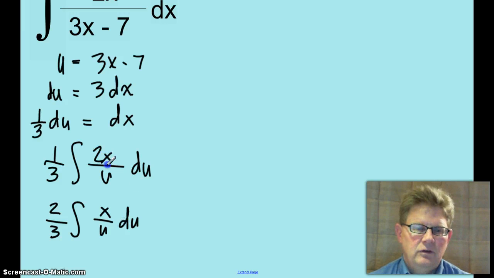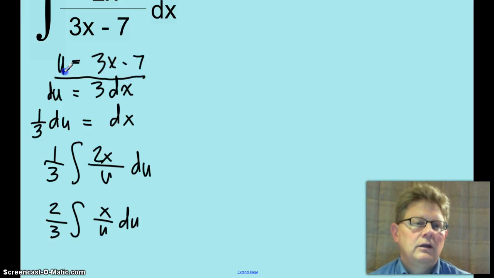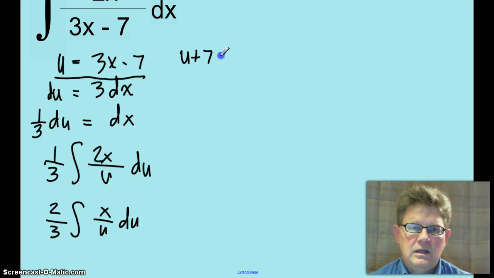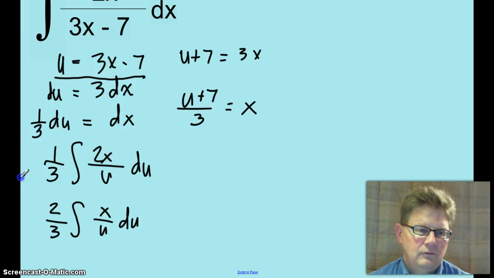We can't have two different variables when we're trying to integrate. So what we're going to do is go back up here and solve that u substitution for x. So u plus 7 equals 3x, and then we're going to divide both sides by 3. u plus 7 over 3 equals x.